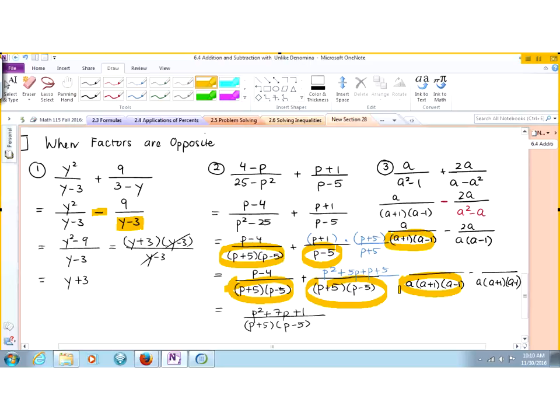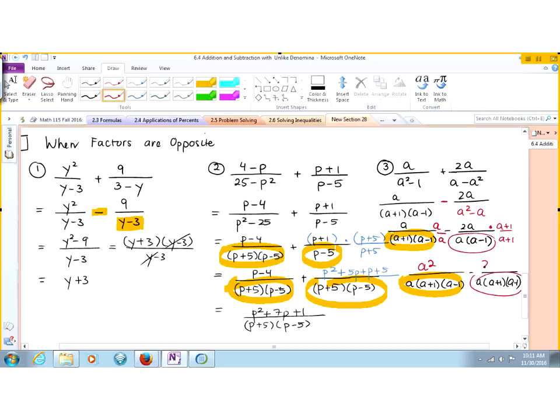What's missing? A. So this is a squared. Right? Compare these now. What is missing? A plus 1, yes.